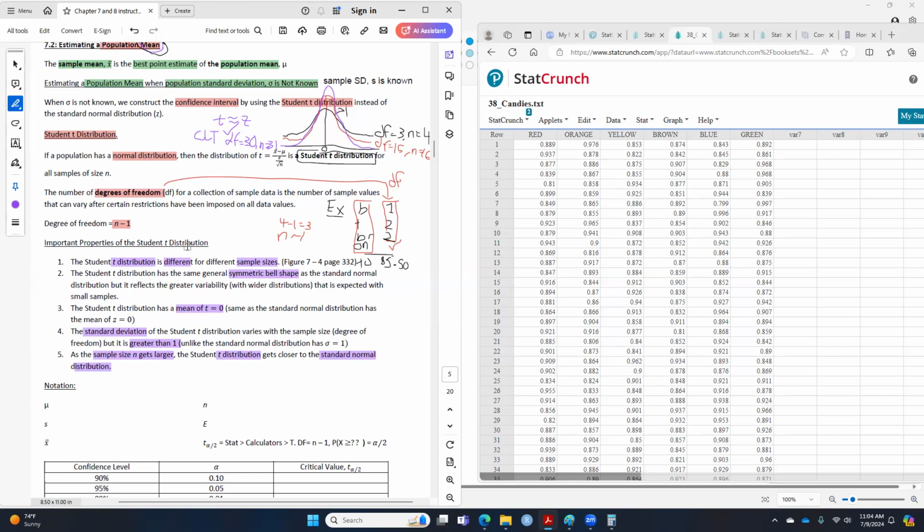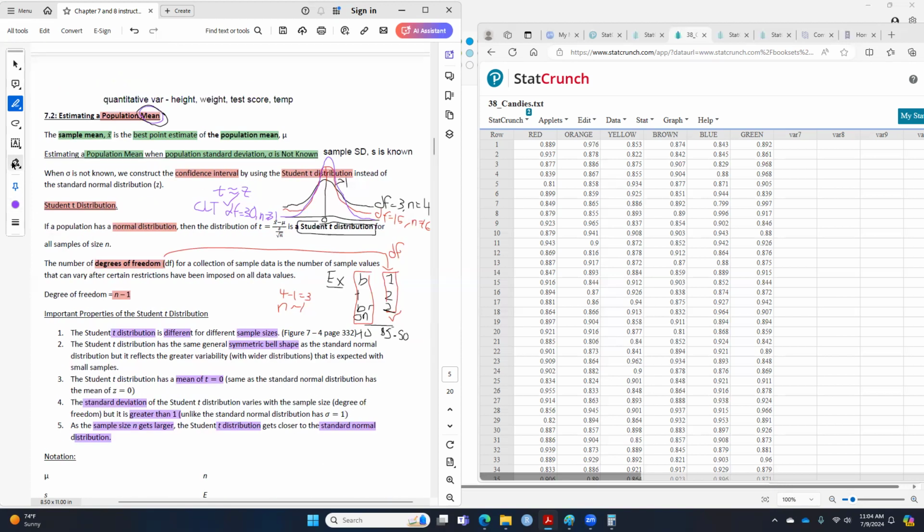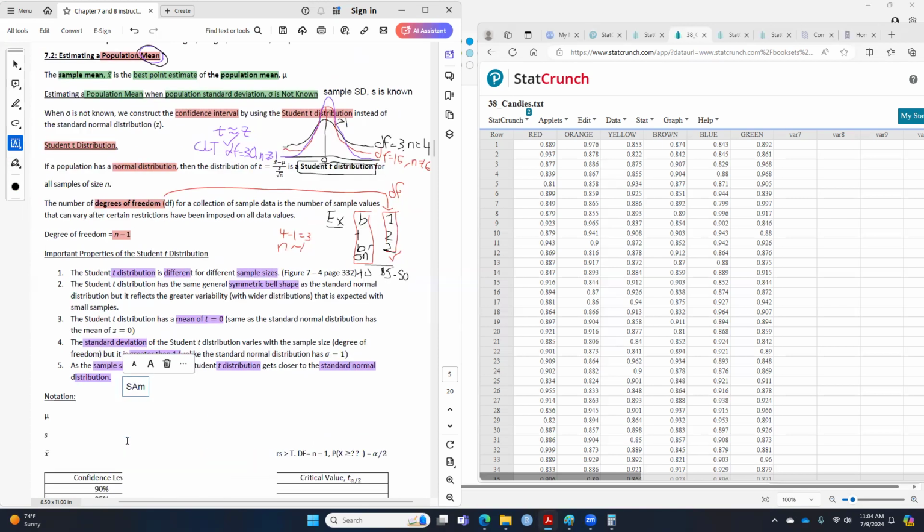So this is a new distribution. We call this kind of distribution a sampling distribution. Okay, a very important word here. So your sampling distribution for the population mean is the t distribution. You can drop the student, I just need the t distribution.